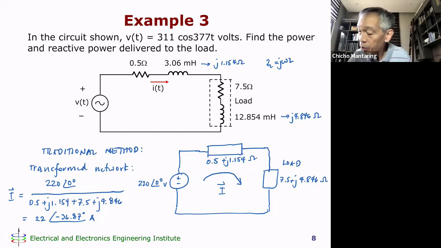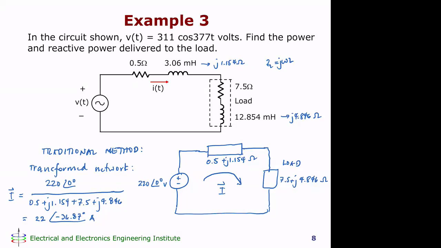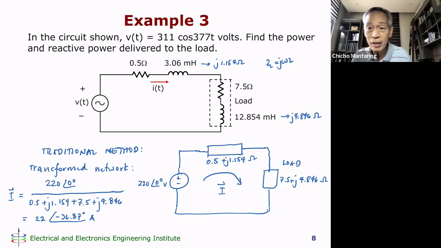I already know the current through the load, but I also need the voltage across the load. So that's possible. But how do I get the voltage across the load? Voltage division, yeah, that's one way. So let's do that. Let's get the voltage across the load.